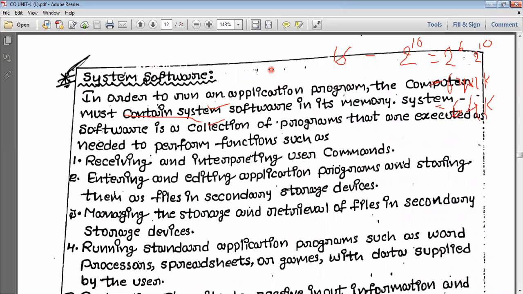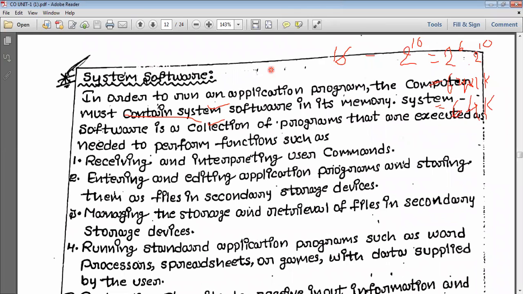Not possible. Suppose we want to execute C programs, then what is needed? Turbo C. Like that, depending on the application, if we install some software onto the computer, then that belongs to application software.